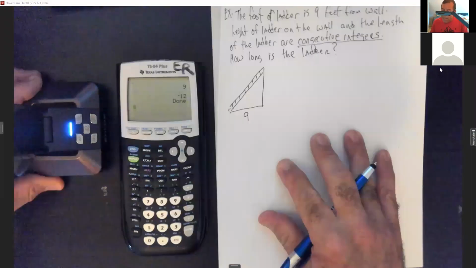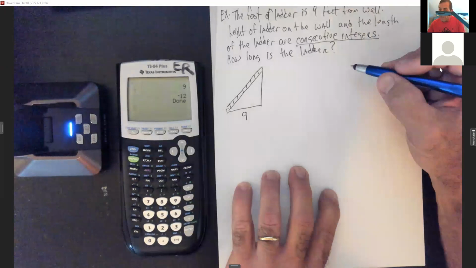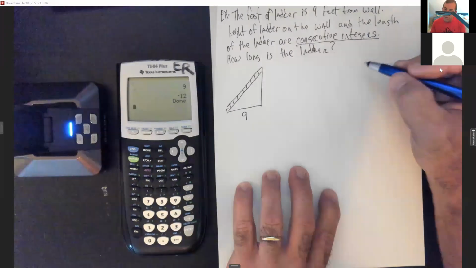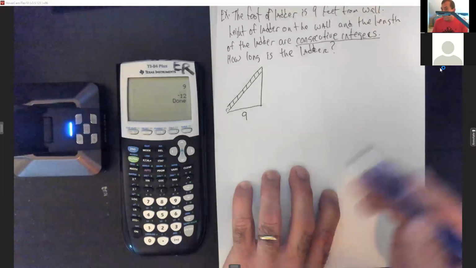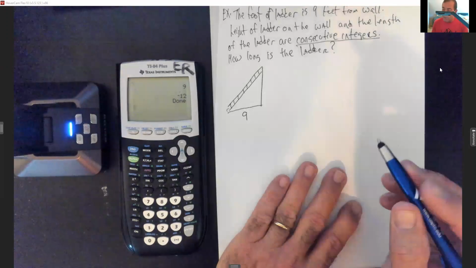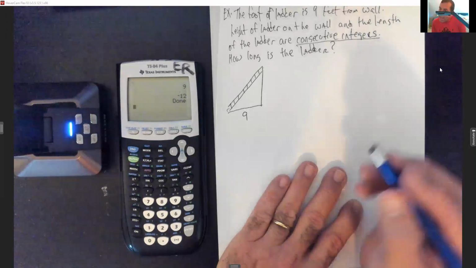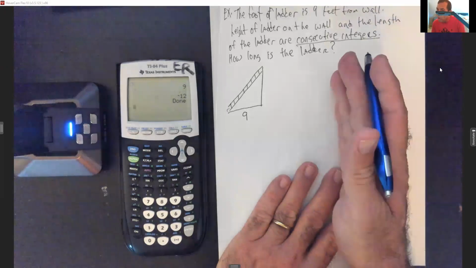So what they mean by consecutive integers, integers are numbers like 1, 2, 3, 4, 5, or negative 1, 2, 3, 4, 5, or 0. All those are integers. Consecutive integers would be 2 in a row. So if I let one integer be x, to get to the next integer, I would add 1.